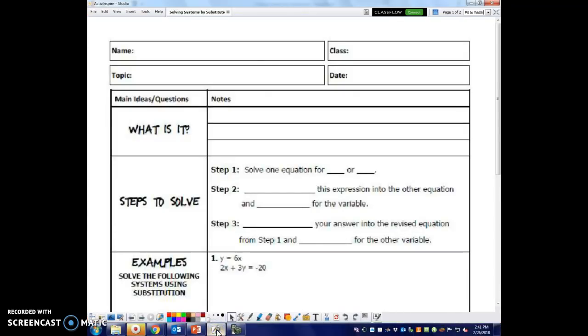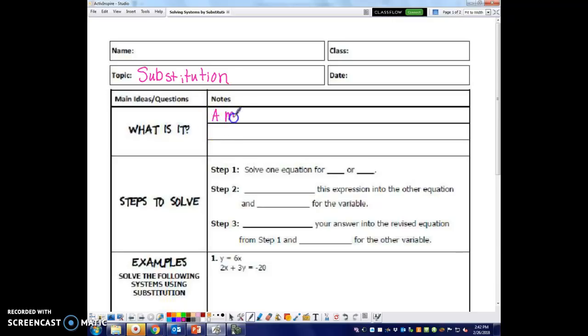Okay, so let's look at your worksheet for today. First, put your name on it. Don't forget that. The topic today is substitution. Substitution. What is it?